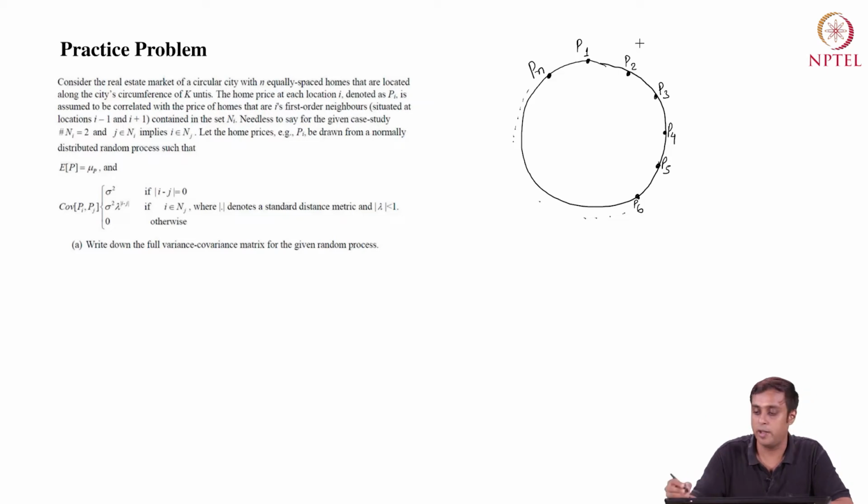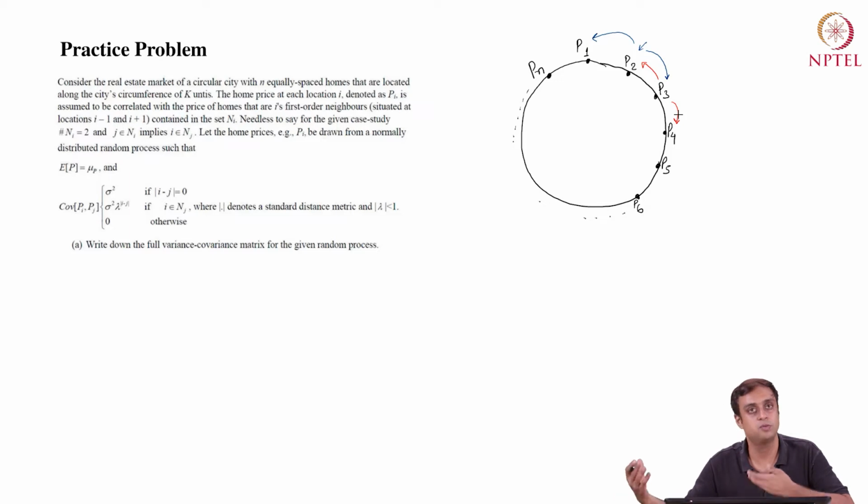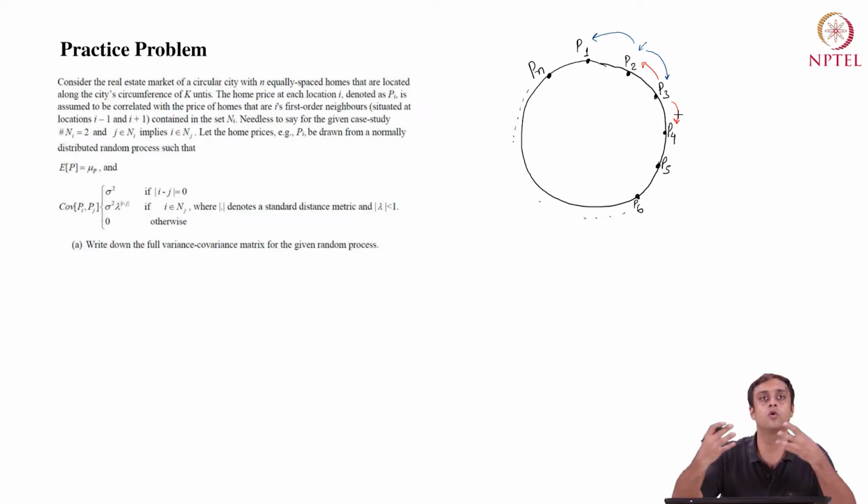For location 2, the price P2 is correlated with the price at location 2 minus 1, that is P1, and location 2 plus 1, that is P3. For 3, P3 is correlated with 3 minus 1, that is P2, and 3 plus 1, which is P4. So this is how the correlation structure works in space.